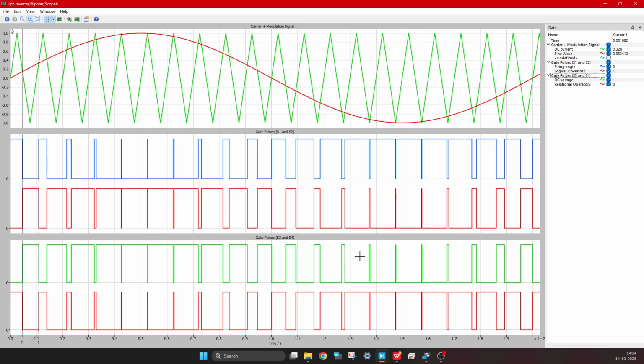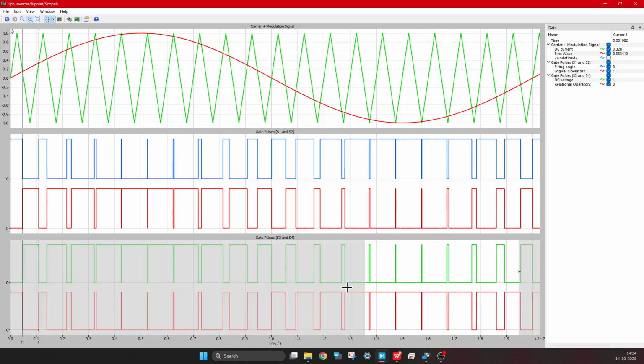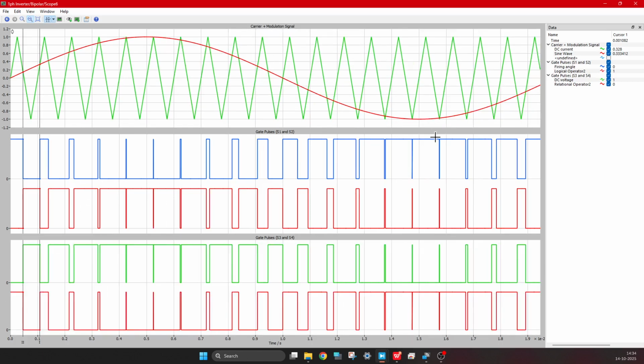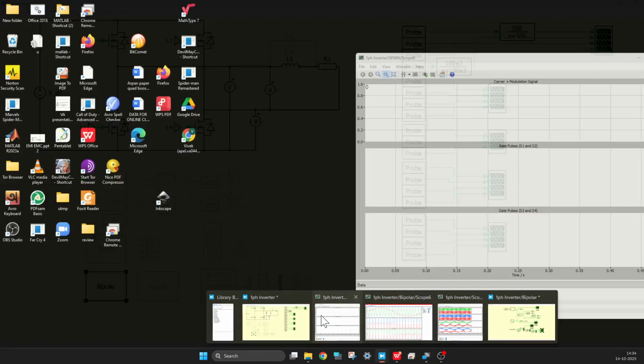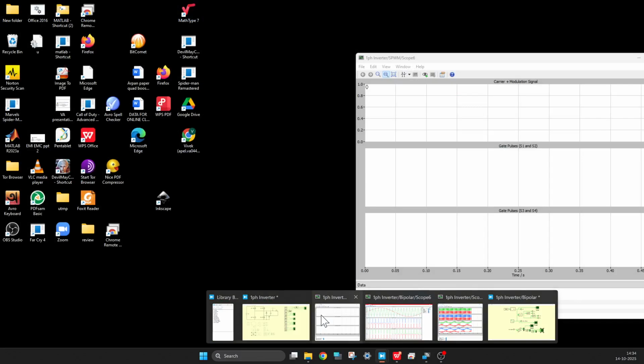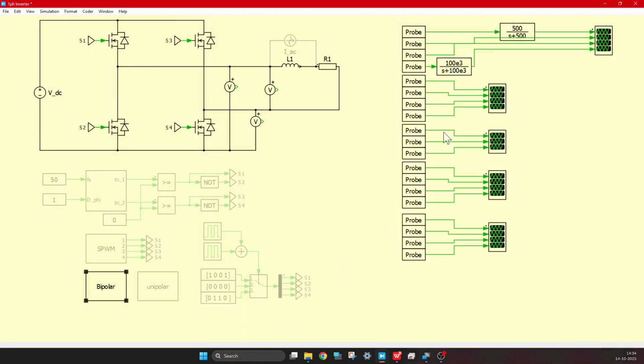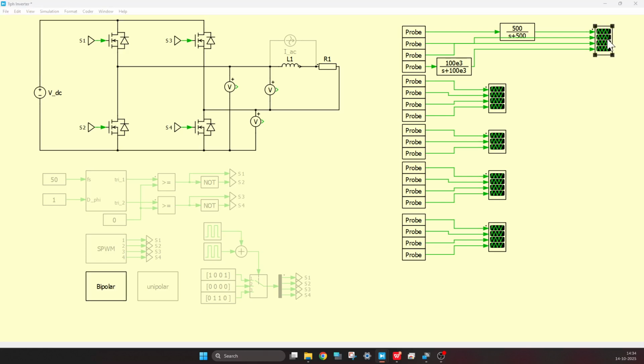So this is S3 and S4. See, all the switch pulses you can see, right? S1, S2, S3, S4. So let me now show you the output waveform. The output waveform can be observed here.